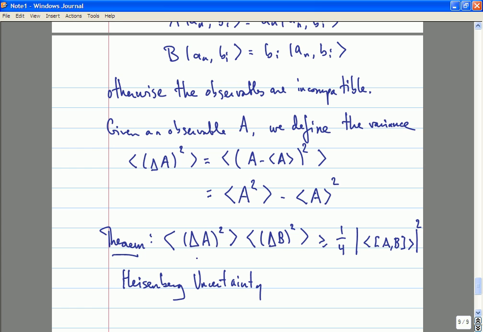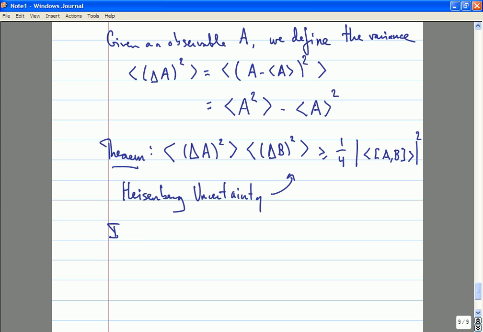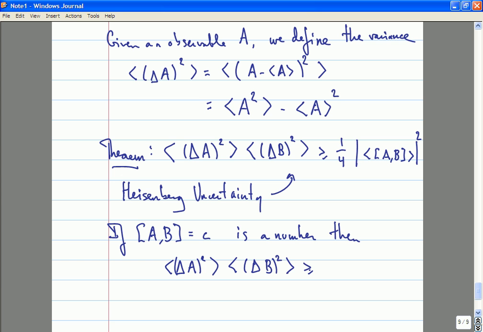So, one important special case of the Heisenberg uncertainty principle is if the commutator of A and B is proportional to the identity operator, namely if it's a number rather than an operator, so let's call it C. Then the right-hand side of this equation is independent of the state that you're in, because if the commutator of A and B is just a number, then the expectation value of a number is just that number.